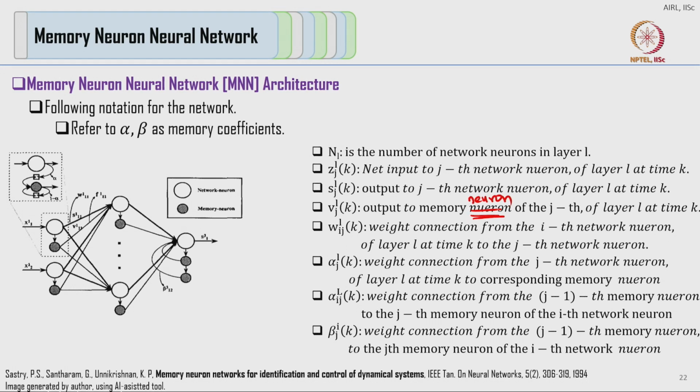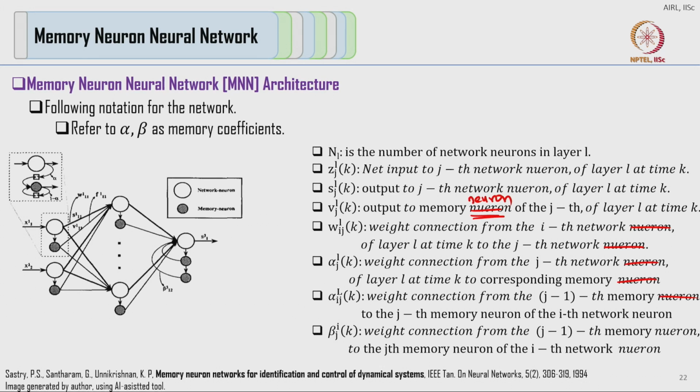W is the weight connecting the ith network neuron in the Lth layer at time k to the jth network neuron. Again, there is an error in all the neurons. Alpha j is the weight connecting the jth network neuron to the Lth network neuron. Alpha ij is the weight connecting the memory neuron to the memory neuron itself.